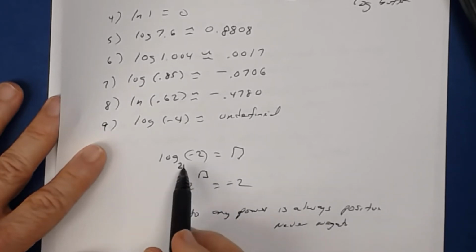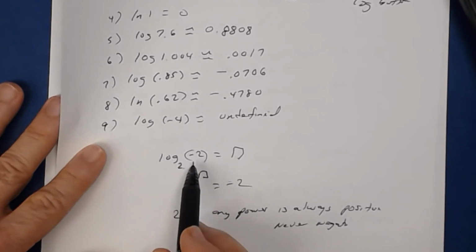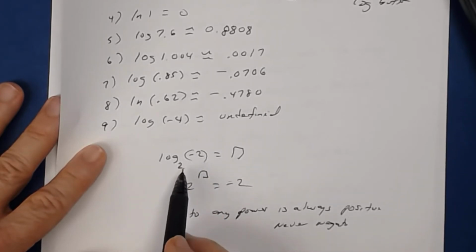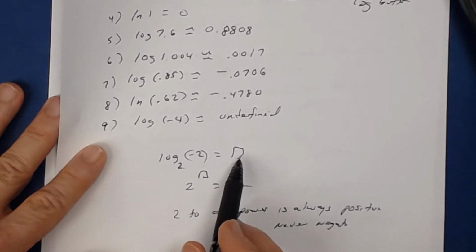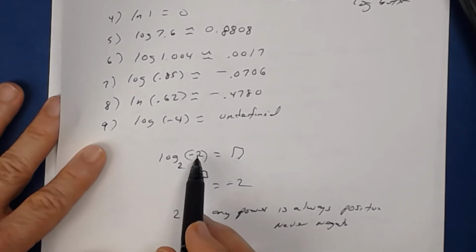So this cannot be. You cannot have an argument of a logarithm being negative, because this base is always positive, never 1 though, always positive, and any positive number raised to a power is always positive. It can never be negative.